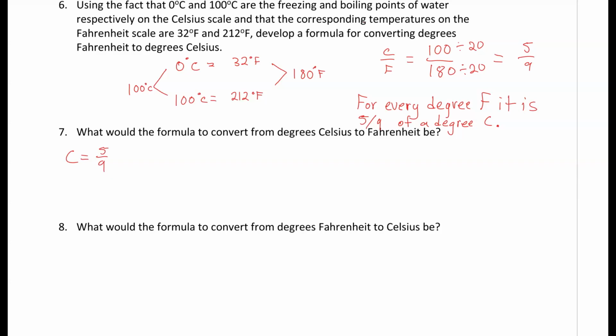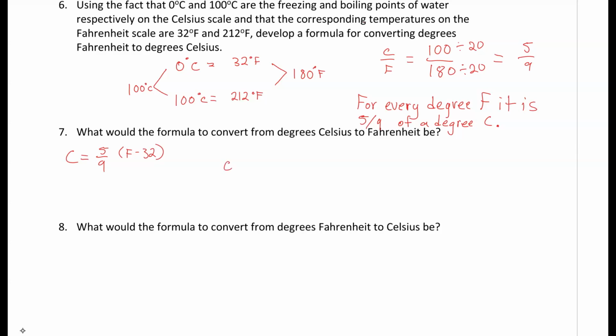And another piece of information, we know that at 0 degrees Celsius, it is 32 degrees Fahrenheit. So that's going to come into play in our formula, where it's going to be in brackets, the amount Fahrenheit, subtract 32, and close the bracket.